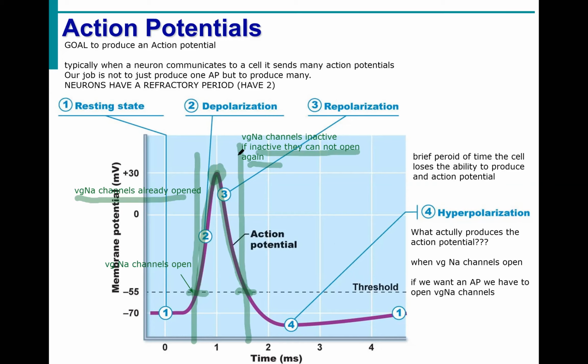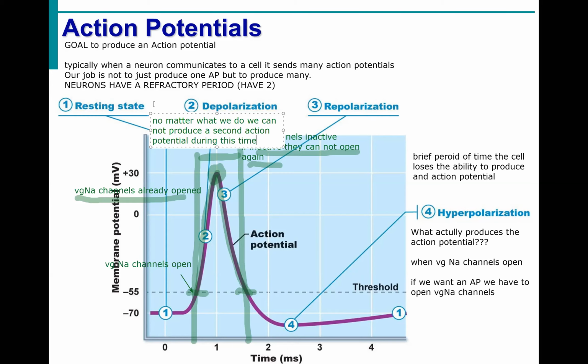So for this period of time, we only get one action potential. No matter what we do, we can do anything we want, but we cannot produce a second action potential during this time.